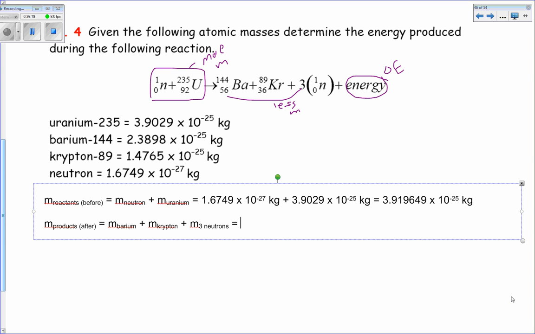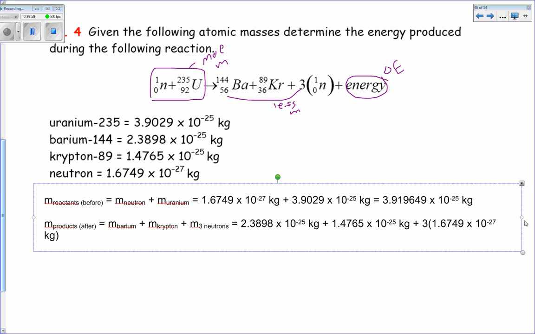So the mass of barium is 2.3898 times 10 to the negative 25 kilograms, plus the mass of krypton, which is 1.4765 times 10 to the negative 25 kilograms, plus 3 times the mass of a neutron, 1.6749 times 10 to the negative 27 kilograms.